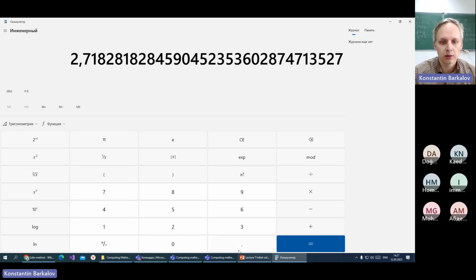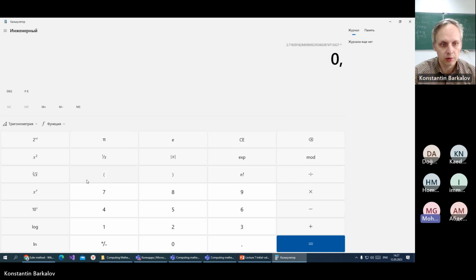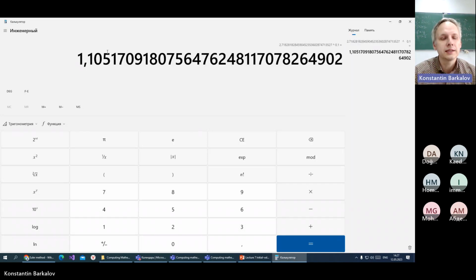This is e. Let's raise it to the power 0.1. This is the exact value, 1.1, 0.5, 1.7, and so on. This is the exact value.